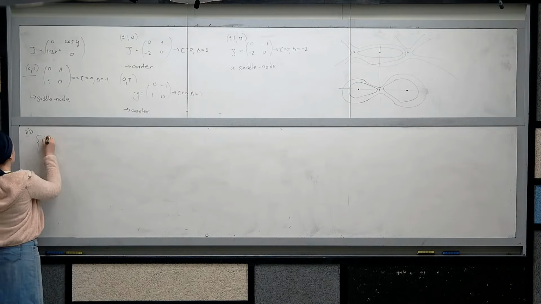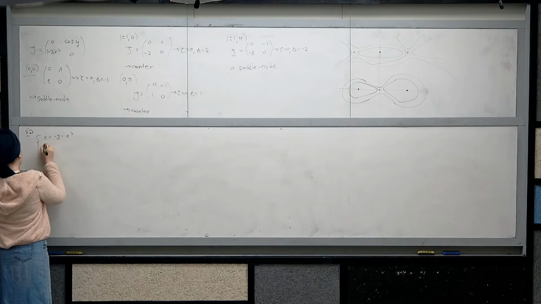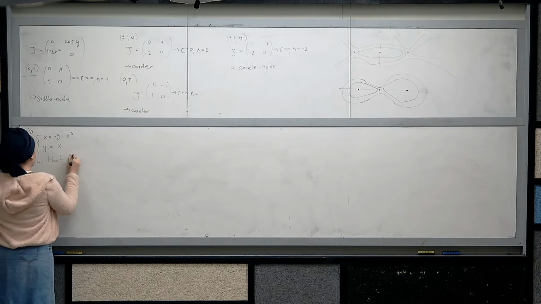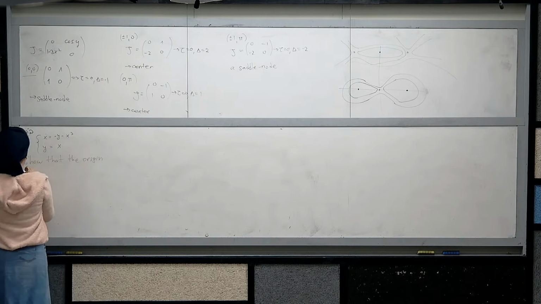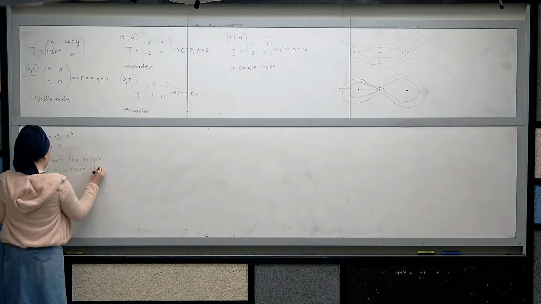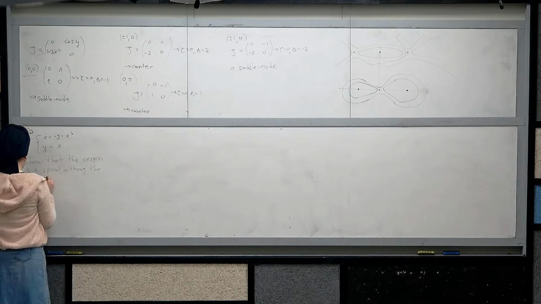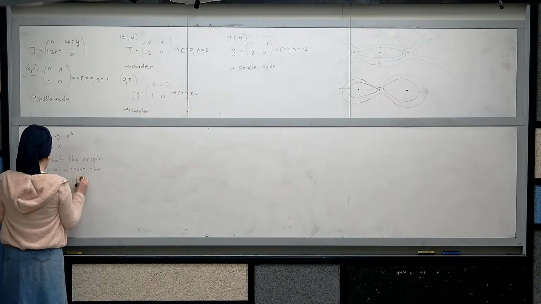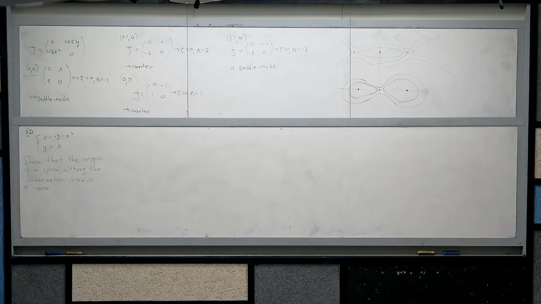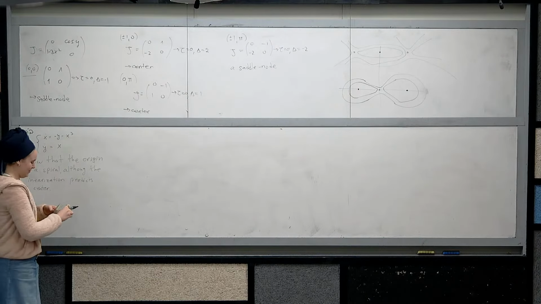Okay, consider the system x dot equals minus y minus x cubed and y dot equals x.